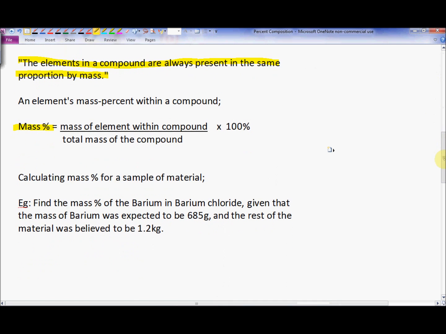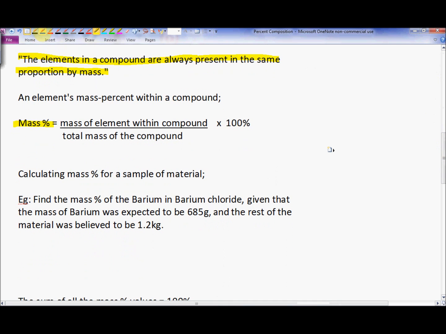As an example here, we've got a little problem. It says find the mass percent of the barium in barium chloride, given that the mass of the barium was expected to be 685 grams and the rest of the material was believed to be 1.2 kilograms.